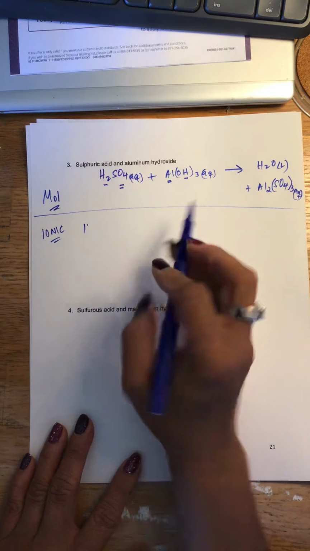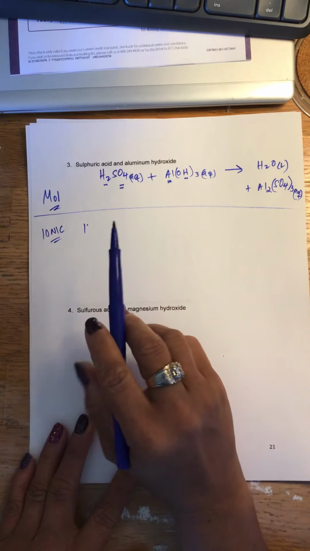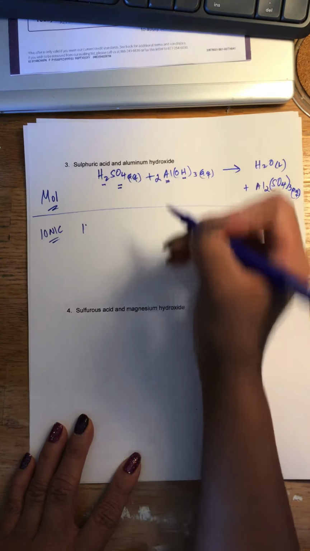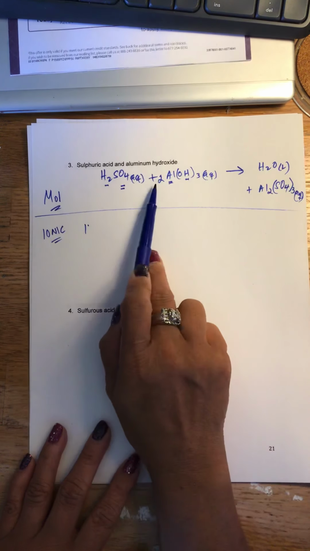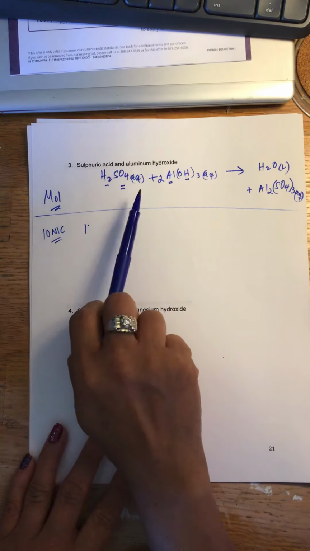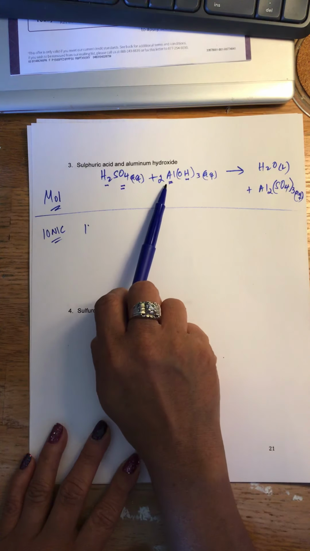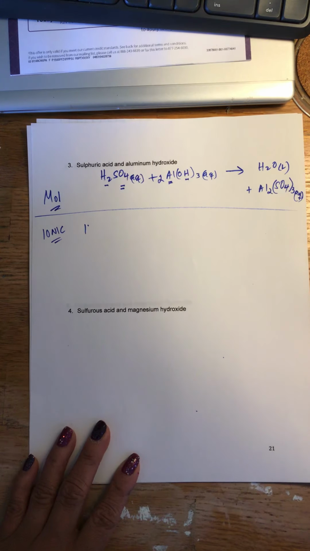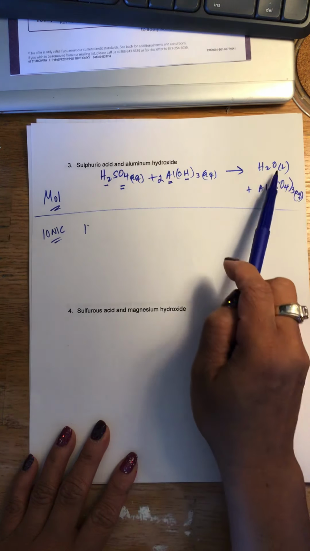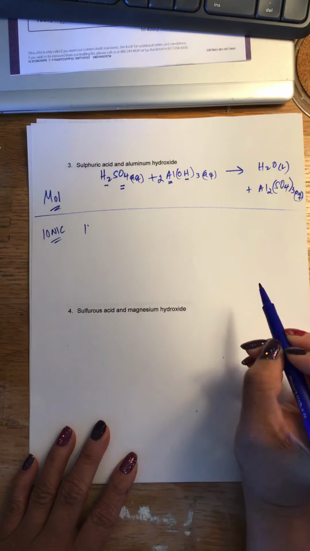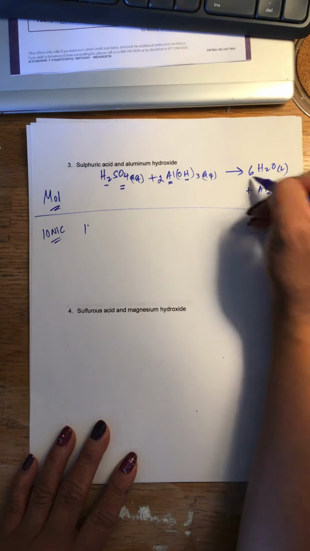So hydrogen, let's balance this first. So you have 2 aluminum here. I'm going to put 2 aluminum in front of the aluminum hydroxide, and that makes hydrogen 3 times 2 is 6, and 2 here. So I'm going to need to balance hydrogen on this side as well. So I need to put 6 water.